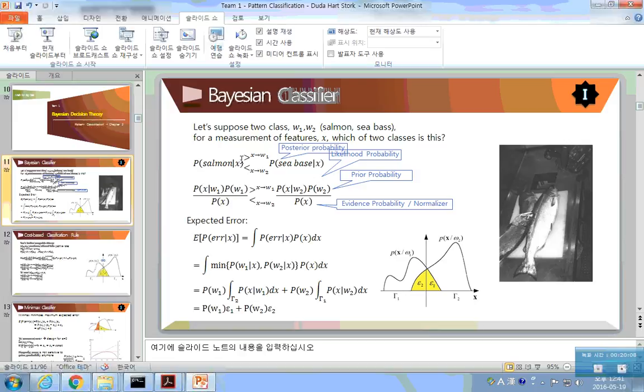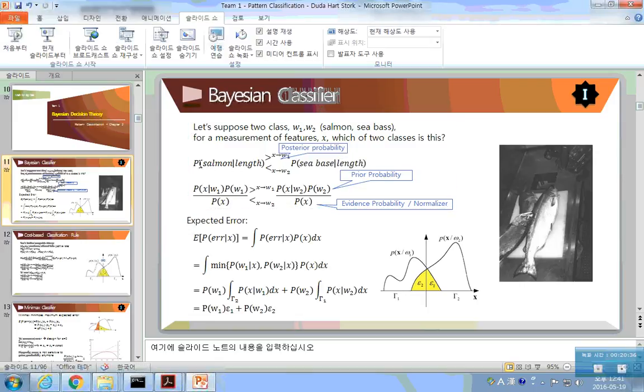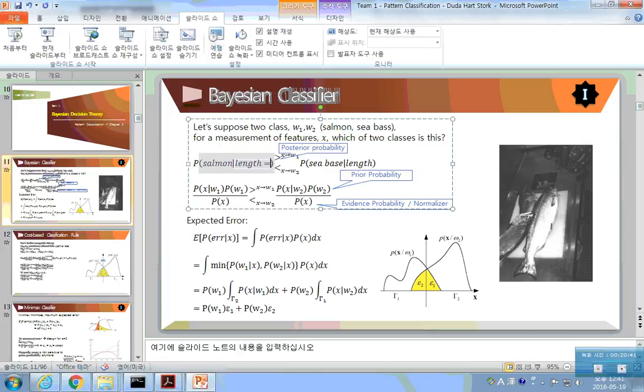So the first thing we need to know is what it is measured like. This is a feature. Let's say I will talk about one feature, length. So I will measure the length of this fish, and then based on this length, I will check, is it a salmon or a sea bass, okay? So probabilistically, if I know that the probability of a salmon given the length I just measured, let's say I measured 2 centimeters.